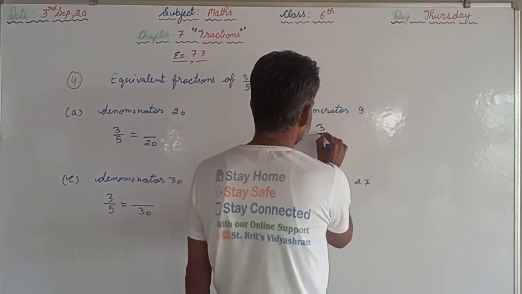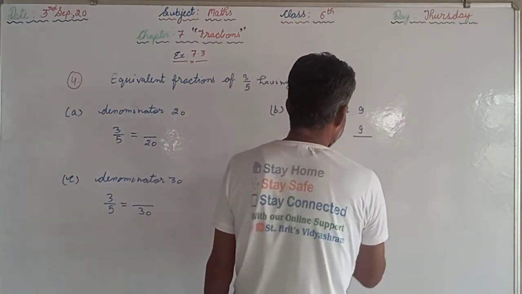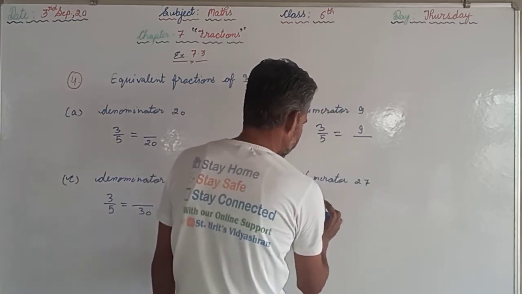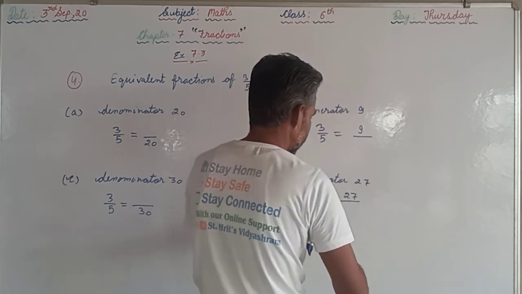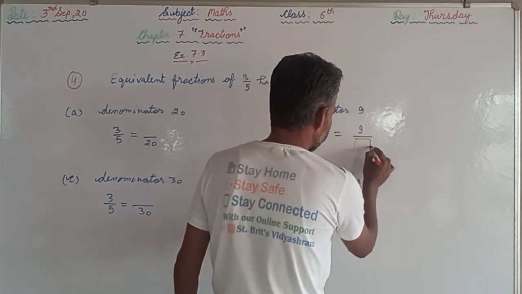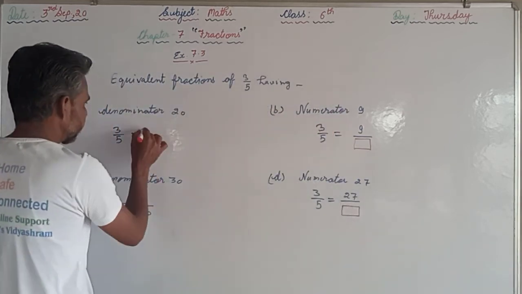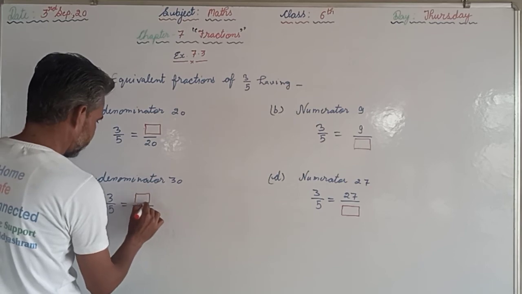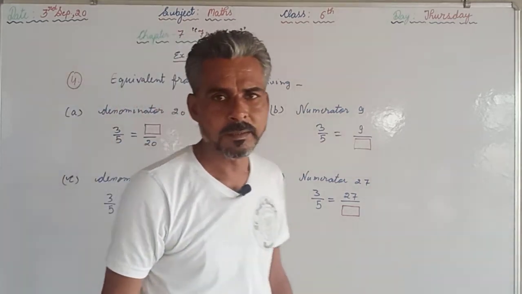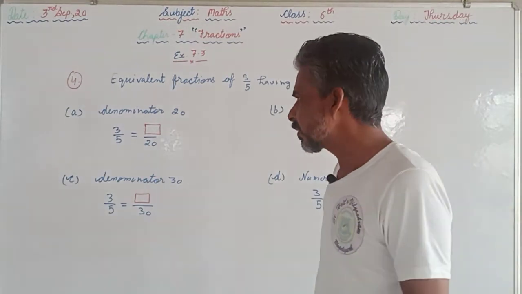Here 3 upon 5 should be equal to numerator 9. Here 3 upon 5 should be equal to numerator 27. It means here we have to find the denominator and here we have to find the numerator. So as you can see, this question has now been converted into the previous question.